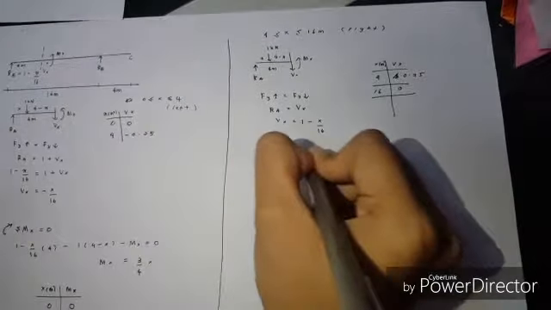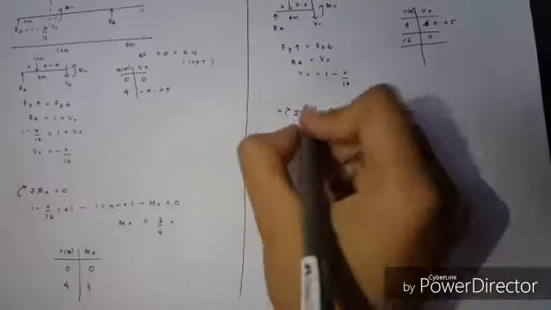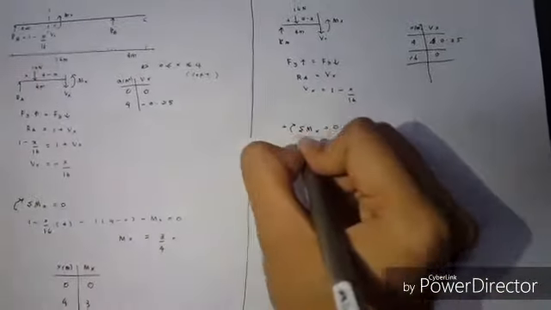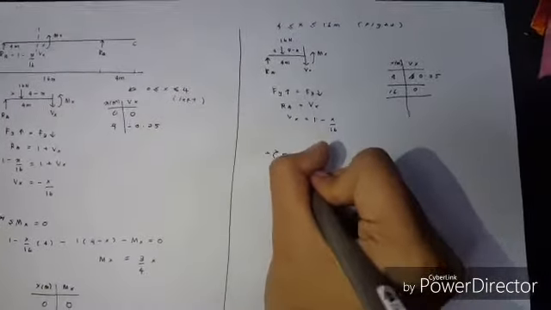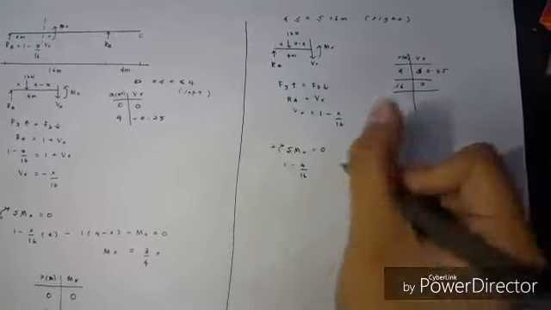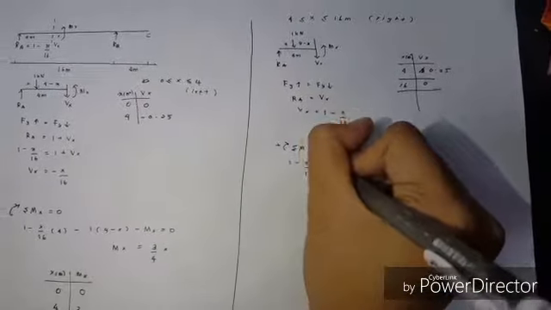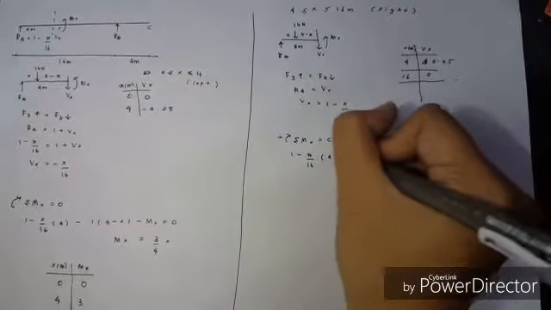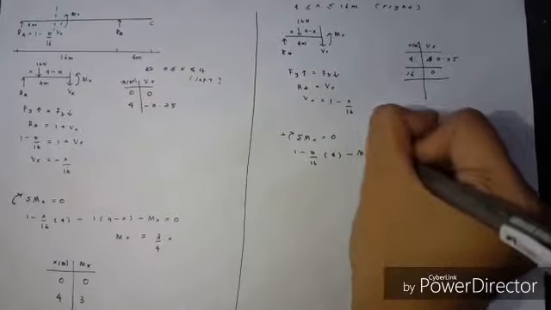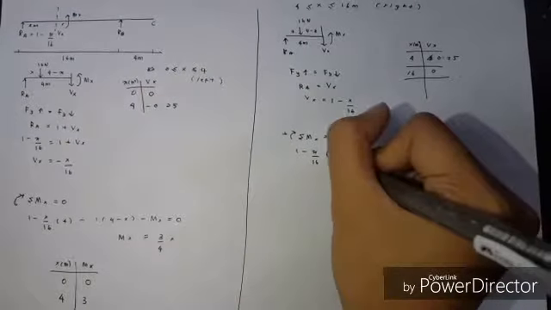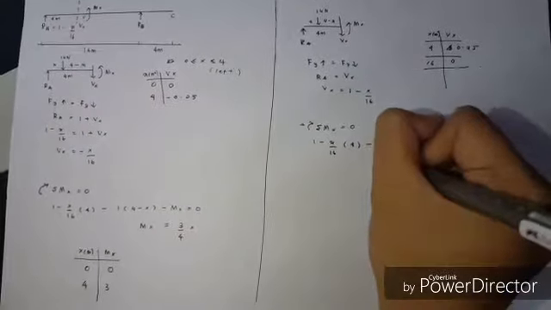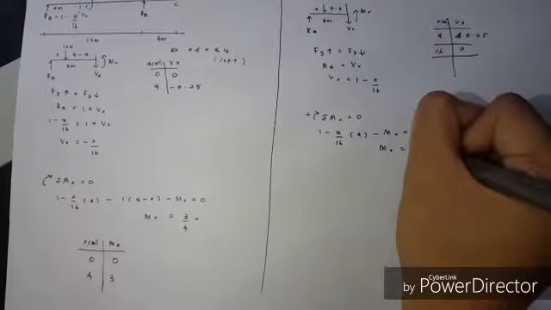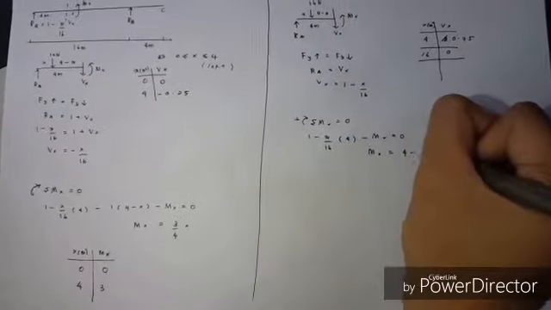Moment at x equal to 0, then RA equal to 1 minus x over 16 times 4 minus Mx equal to 0. So we got Mx equal to 4 minus x over 4.